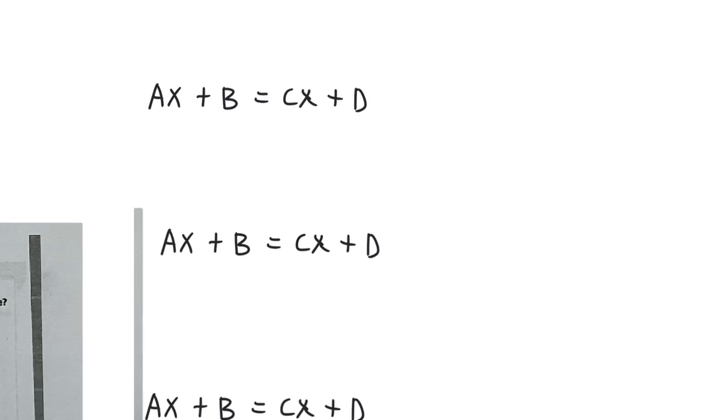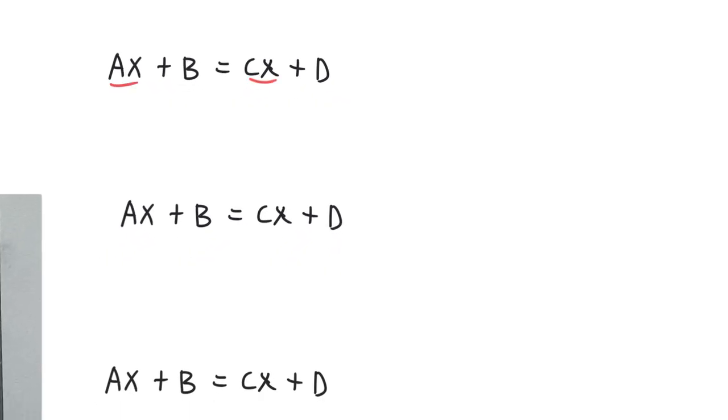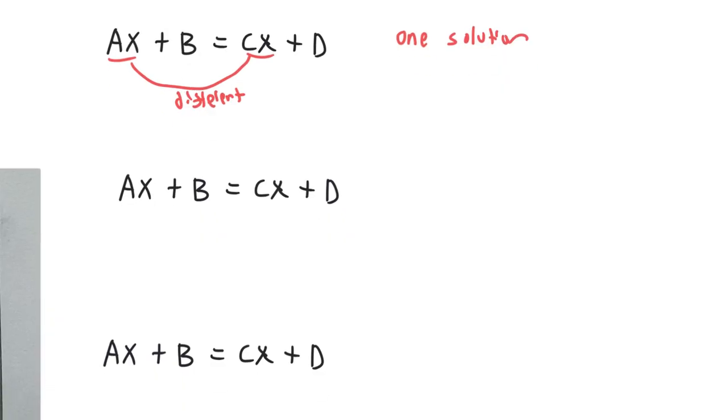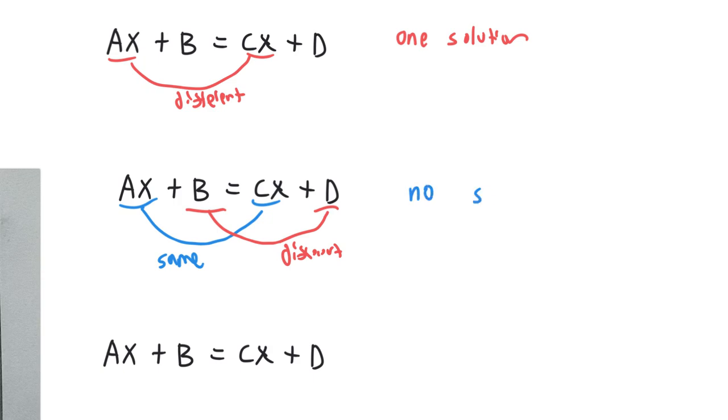If the x terms are different, you immediately know there's one solution. If the x terms are the same and the constants are different, then we would say that there's no solution.